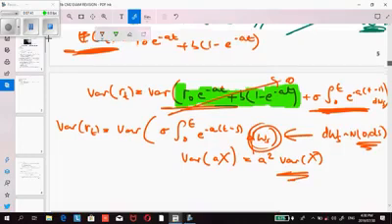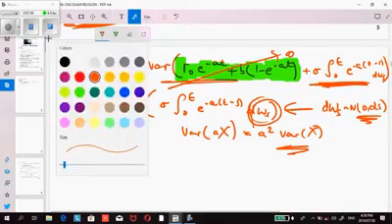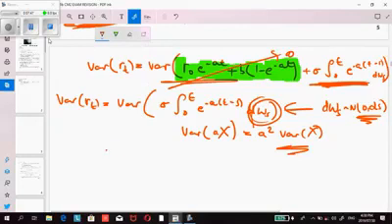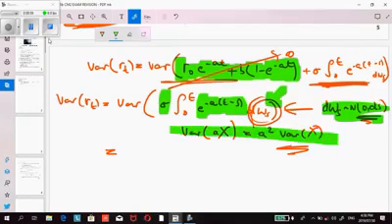Which is exactly what I'm going to do here. This is acting like a constant because the only random variable we have is normally distributed with mean 0 and variance ds. So I'm going to square it, applying this rule.